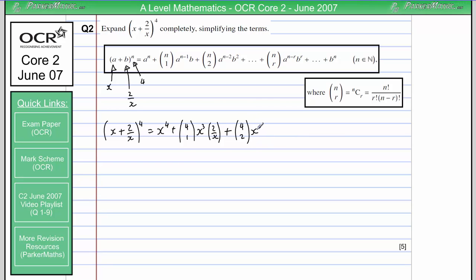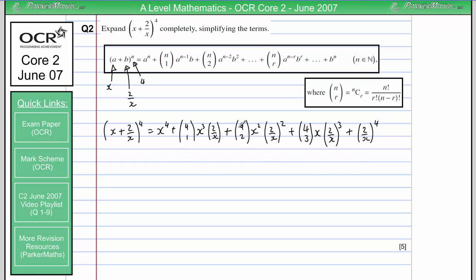We get x squared, the power of x is going down each time, and we get (2/x) squared this time. Be careful to put it in a bracket because you're squaring the 2 as well as the x here. The next term we're going to have 4 choose 3, and we're going to have x to the power of 1, which is just x, and (2/x) cubed. And the final term is just b to the power of n, so that's going to be (2/x) to the power of 4.